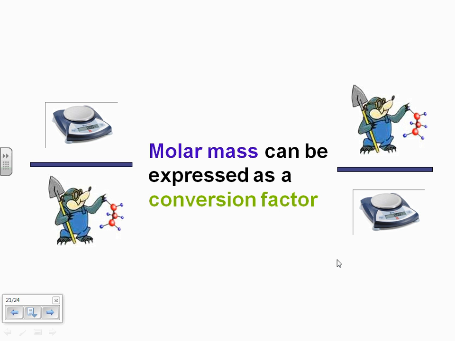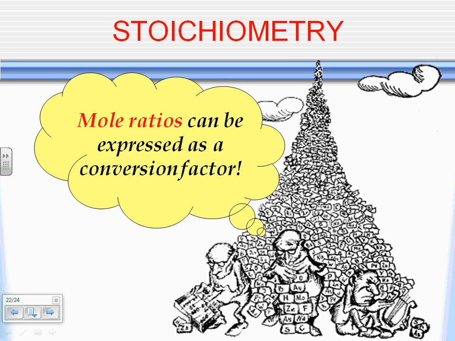So if I'm comparing grams of sodium chloride to moles of sodium chloride, right? Whereas stoichiometry is where we're going to look at, maybe if I'm starting with, how many grams of sodium will I need to make so many grams of sodium chloride? So stoichiometry looks at one element and how it is related to a different compound.